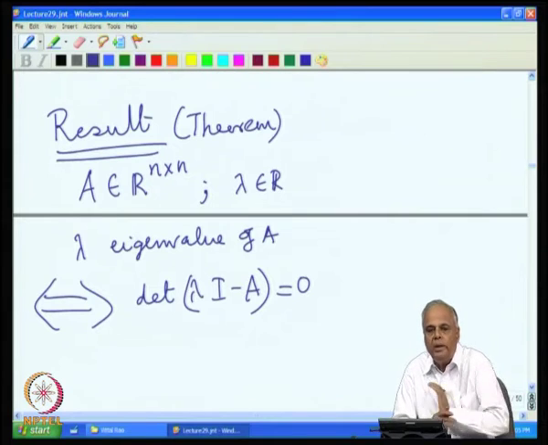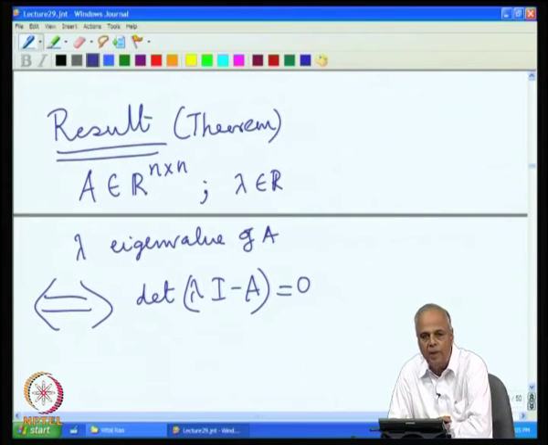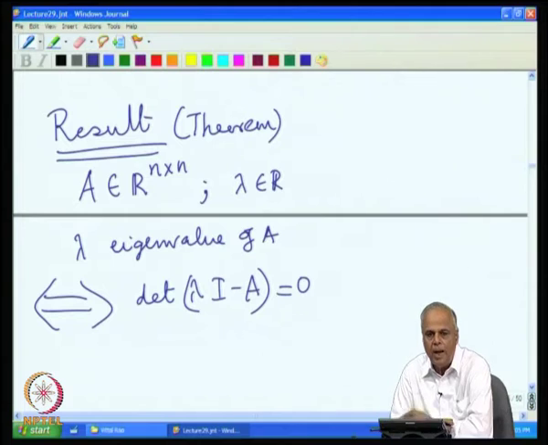So, now we have got a characterization of the eigenvalues of A. What is the characterization? It has to make the determinant of lambda I minus A equal to 0. So, we do not have to search all over the place for this eigenvalue. In this infinite world of real numbers, we have to look for those fellows who make the determinant 0.